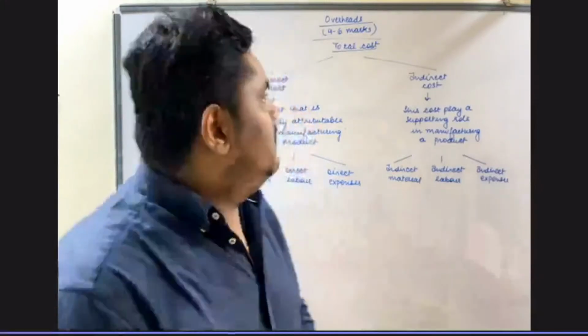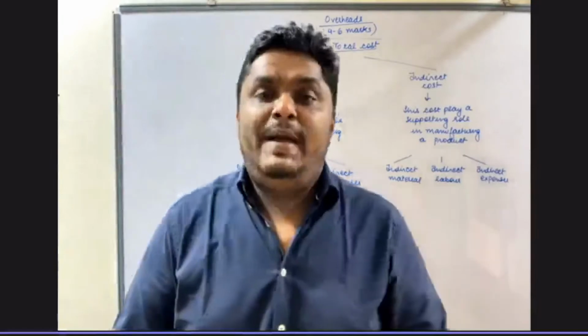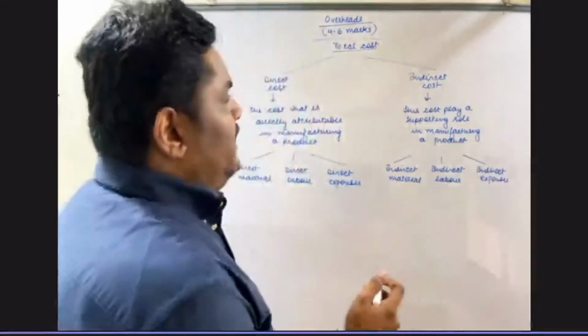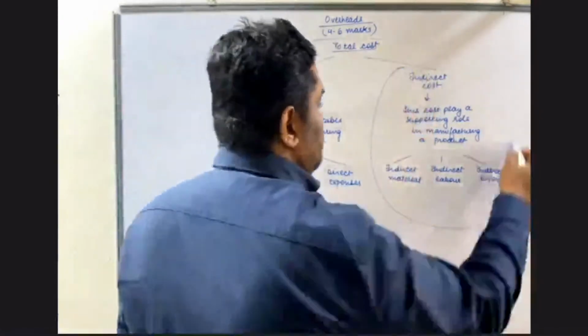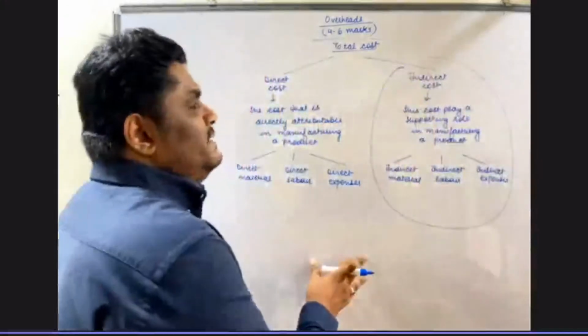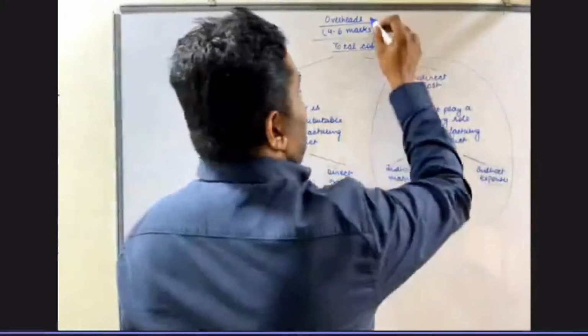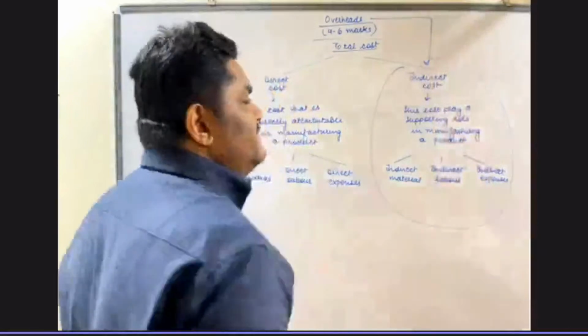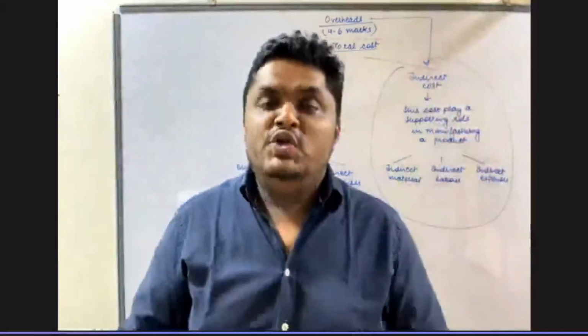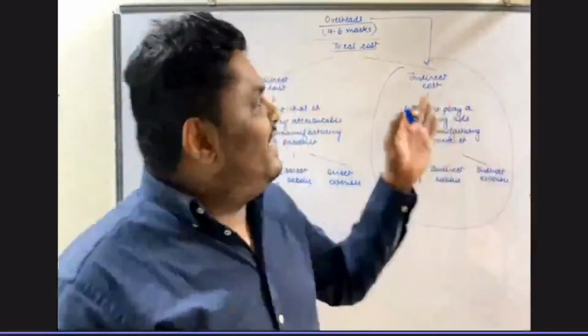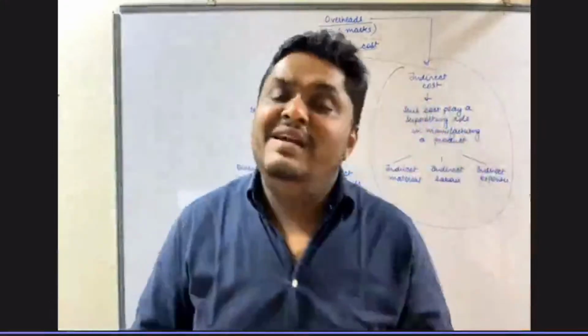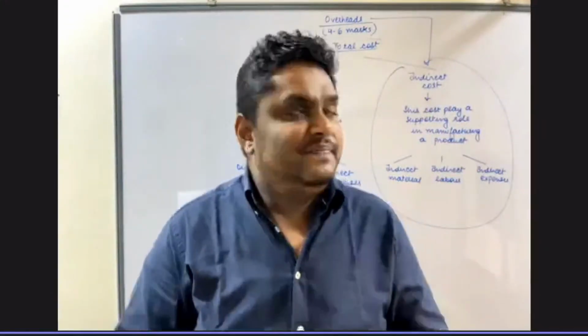So now in this chapter, we'll be discussing only indirect cost, that is, what is overhead: the indirect cost that is incurred in manufacturing a product.